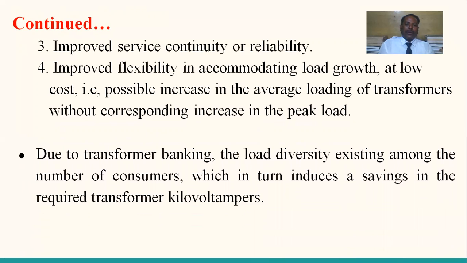Due to transformer banking, there is load diversity existing among the number of customers or consumers, which in turn induces a saving in the required transformer kilovolt amperes. As the load diversity increases, the rating of the transformer needs to be good, and it saves kilovolt amperes.